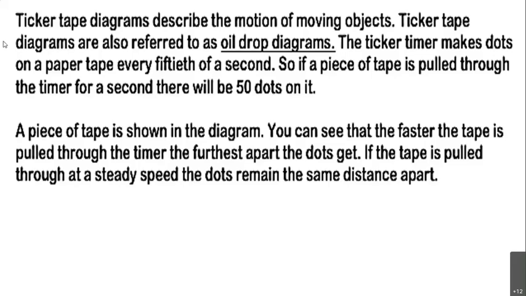Would you see a lot of oil on the floor or a little bit? Right, because you're moving so fast that there's a lot of space between the drops of oil, okay?